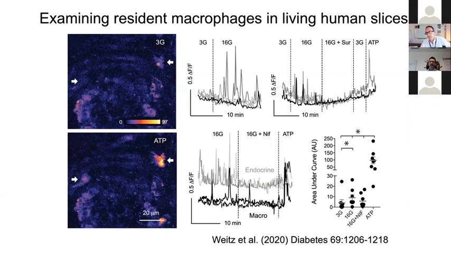These macrophages, we identify them also because they strongly respond to ATP, here in this case and at the end. Again, this is showing you the power of the technique. We can now also look at other immune cells. So we have a study going on, not with human slices, but using NOD mice, where we're looking at the immune cell infiltration during the progression of diabetes.